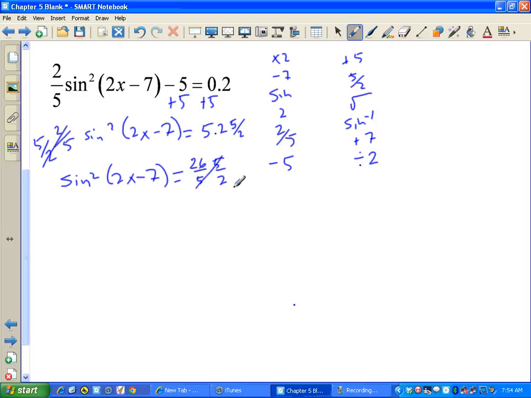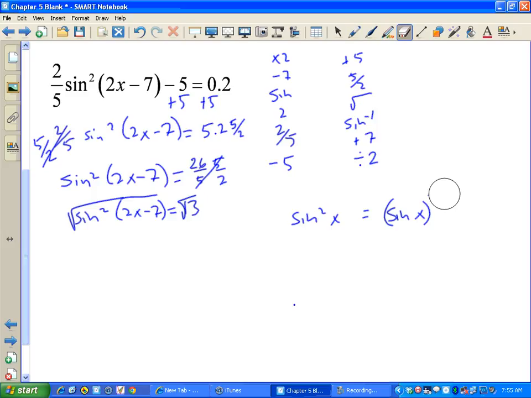It's going to be 26 halves, which is going to be 13. Now I need to square root both sides to get rid of the squared, because remember, sine squared of something is really like writing this. The squared is actually outside, so you have to get rid of the squared before you can get rid of the sine.